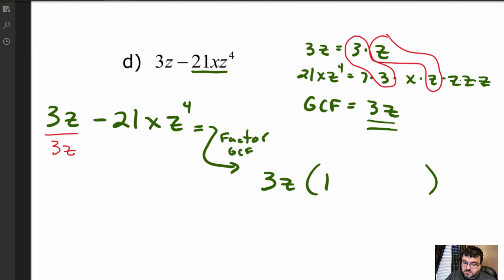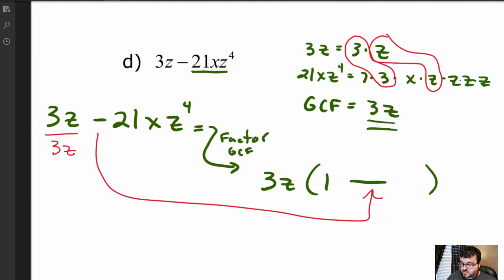Then I bring my minus sign down right here. And then I want to divide 21xz to the fourth by 3z. What I end up getting here is a 7. Z and z to the fourth cancel, leaving 3 z's.